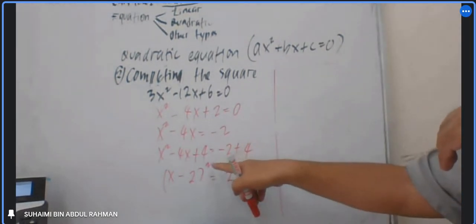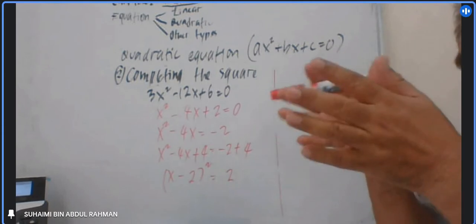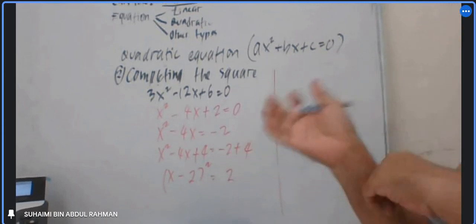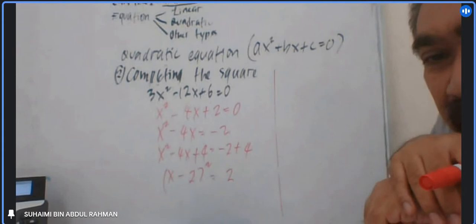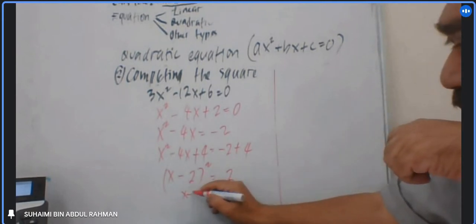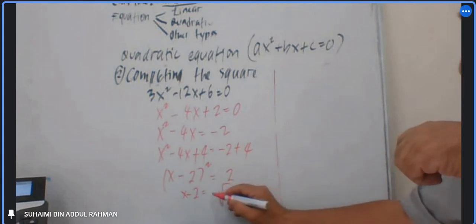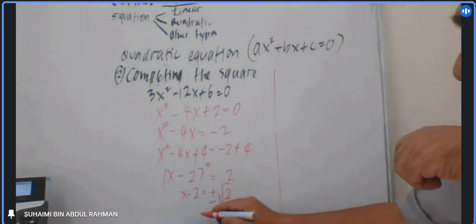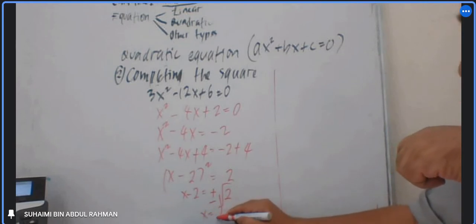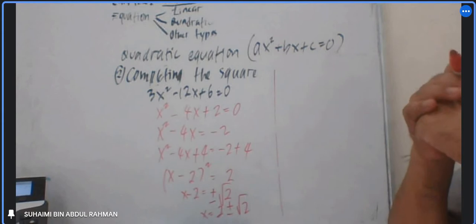Now, when we want to remove the square on our left, we put square root on our right. So x minus 2 is equal to plus minus square root of 2, x is 2 plus minus square root of 2.